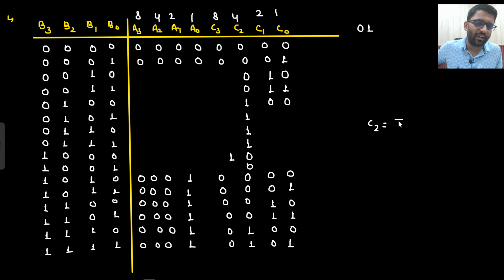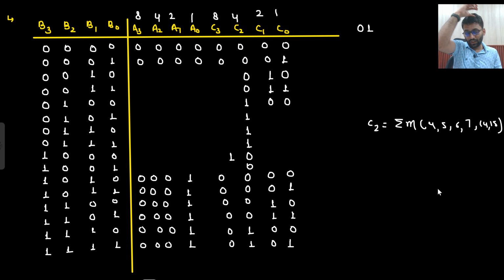So what are the minterms of C2? 0, 1, 2, 3, 4, 5, 6, 7, 8, 9, 10, 11, 12, 13, 14, 15. So these are the minterms of C2. 4, 5, or in the examination, I would think, okay, what would be 0, 0, 0? So I can directly write down the minterms in the examination.